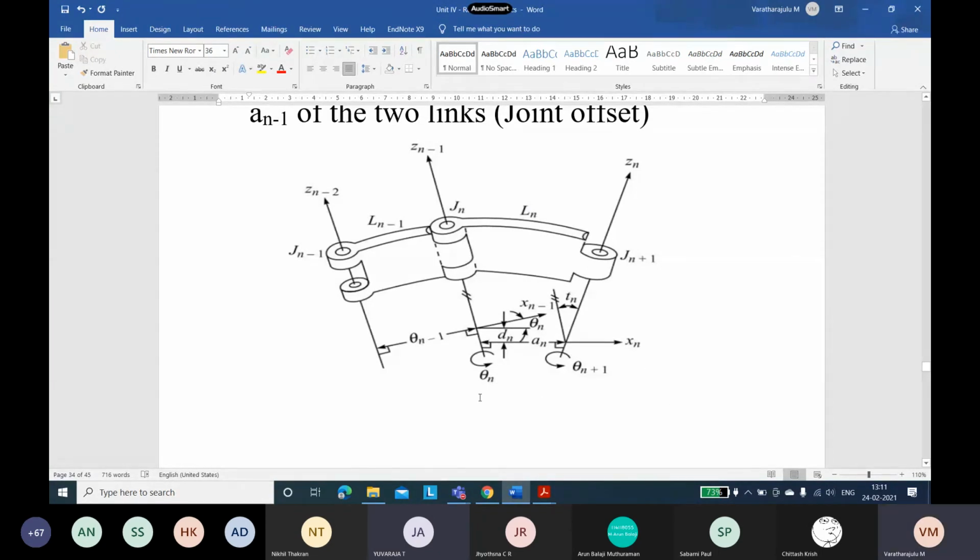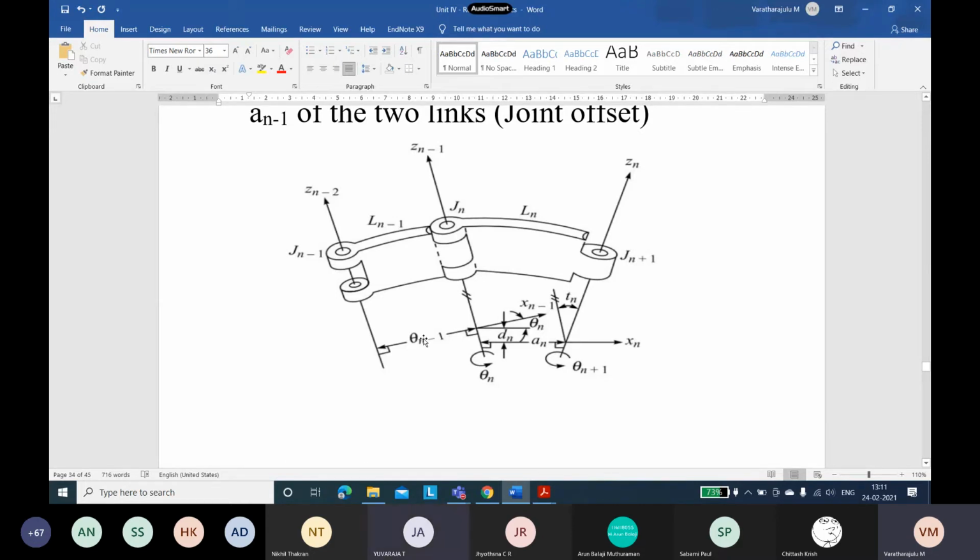Why is theta n minus 1 marked like a distance, between Zn minus 2 and Zn minus 1? I think at some time you muted your speaker. I said this was mistakenly given. Two times I said.